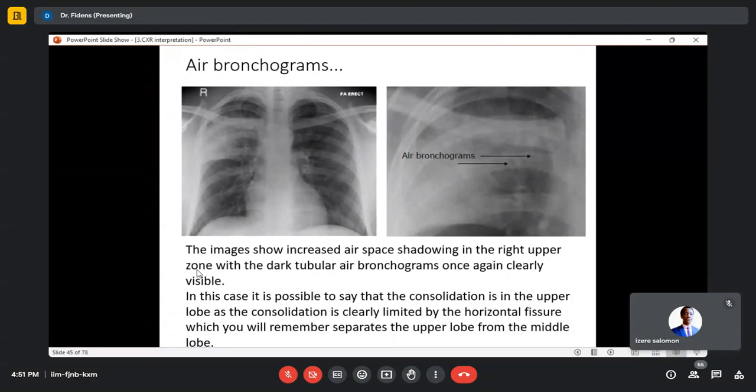Here, they should not use zone; they should use lobe, because we are very sure that this is the horizontal fissure, with the dark tubular air bronchograms once again clearly visible. In this case, it's possible to say that the consolidation is upper lobe, as it is clearly limited by the horizontal fissure, which you will remember separates the upper lobe from the middle lobe. That's good.